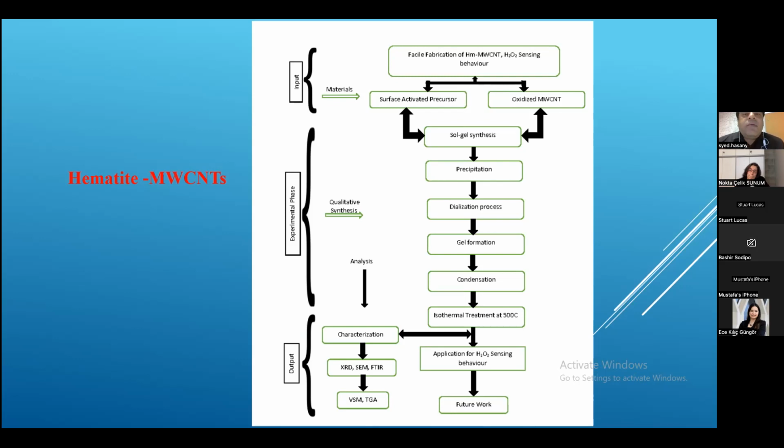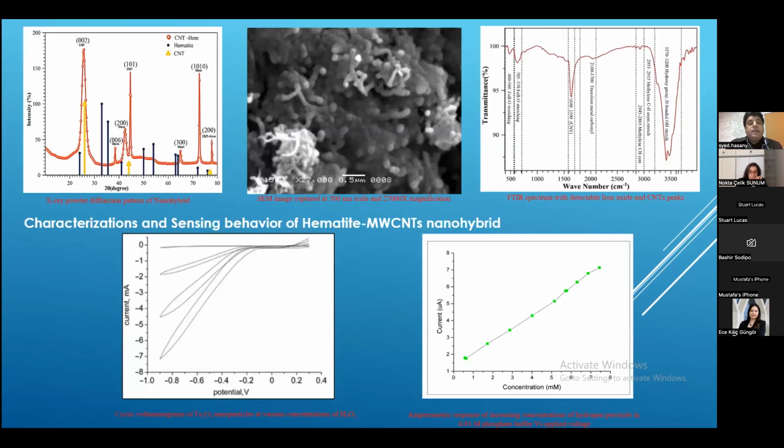These hematite multi-wall carbon nanotubes were employed as a sensor for gas sensing application. We performed XRD, microscopic techniques and FTIR similarly to find out the purity and the particle morphology of these nanoparticles.